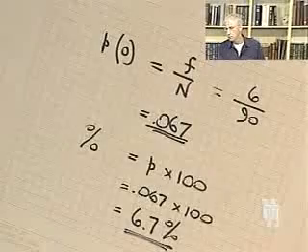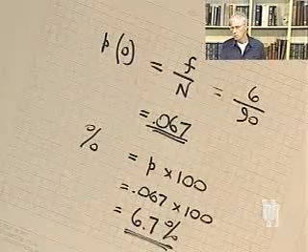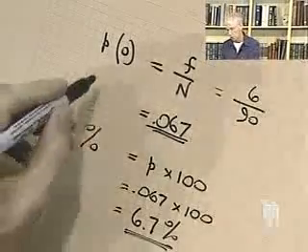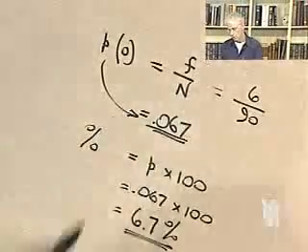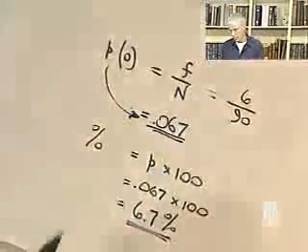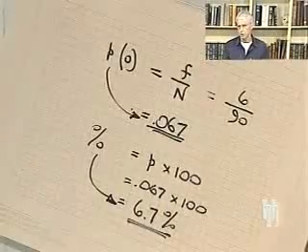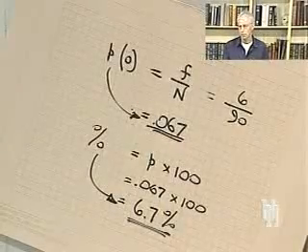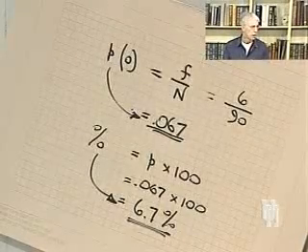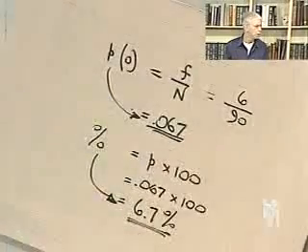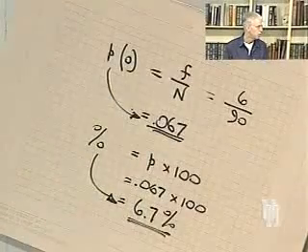So is 0.067 the proportion then? That's the proportion. And when that information is expressed as a percentage, it's 6.7%. Are there any other questions about proportions or percentages?